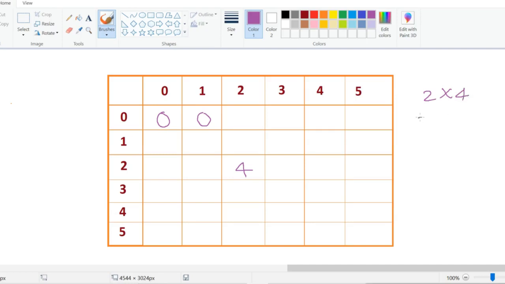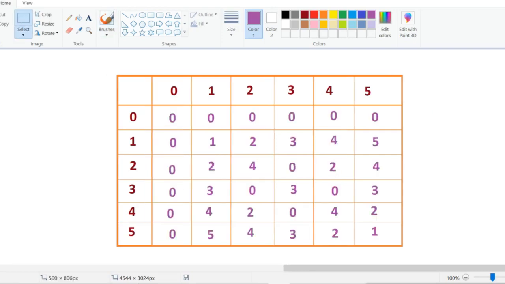With modulo 6, this 8 becomes 2. So 2 times 4 is again 2, and in the similar way we fill the whole table. So this is the multiplication table. As we can see, 5 times 5 becomes 25 and 25 modulo 6 is 1.